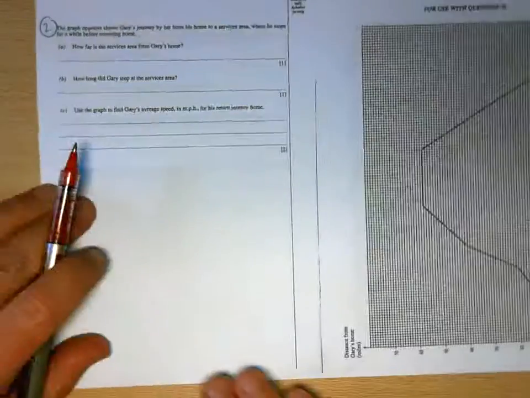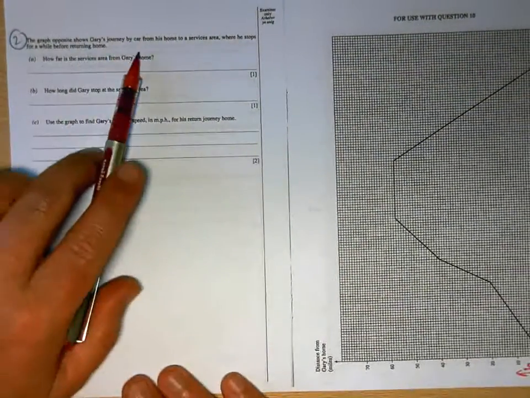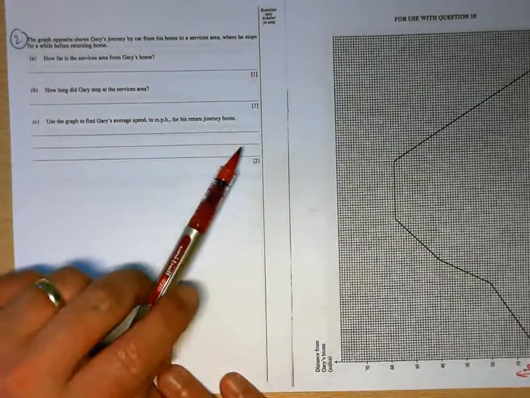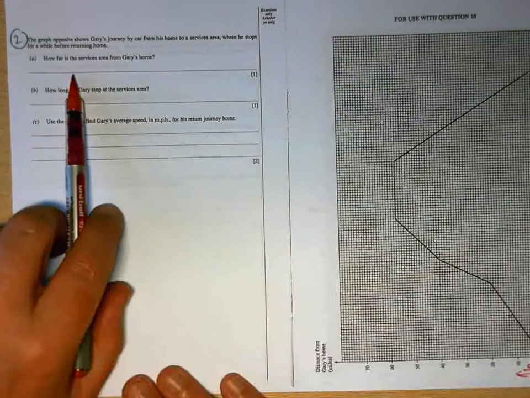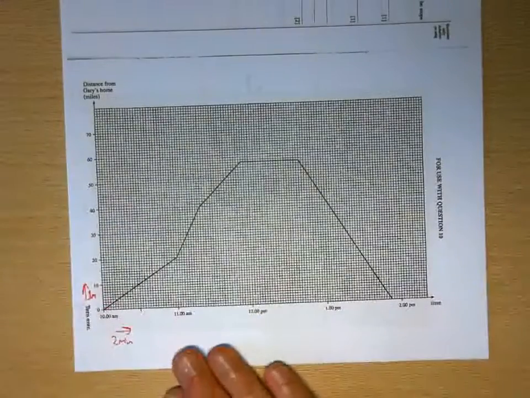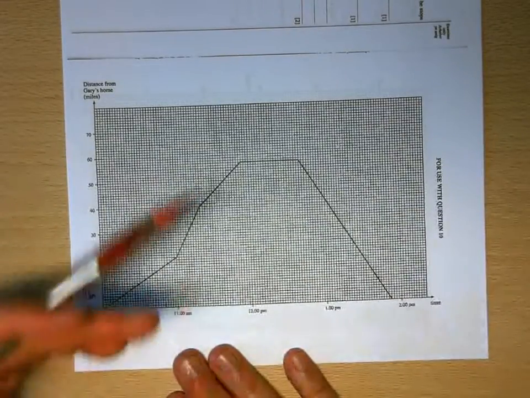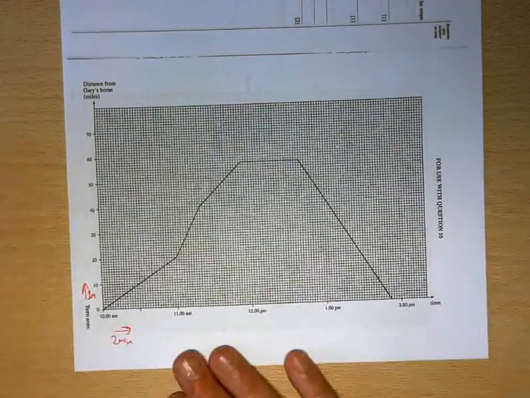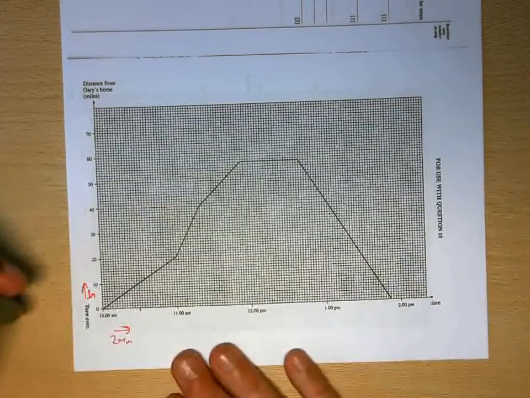Okay, so let's take a look at what we're dealing with. The graph opposite shows Gary's journey by car from his home to his services area, where he stops for a while before returning home. How far is the services area from Gary's home? Well, the service area is where he stops. So we know from the previous question that if he's not moving, the graph is going to be flat.